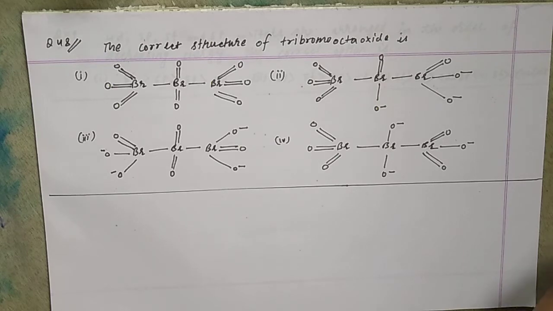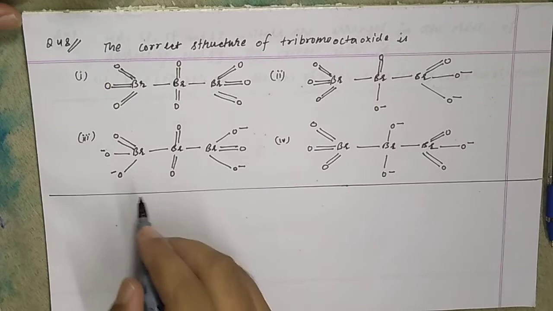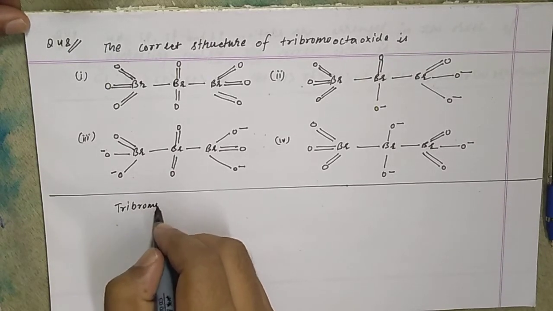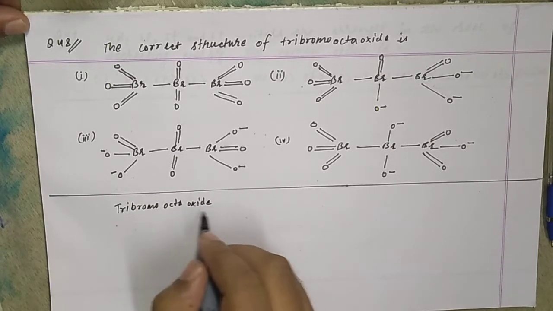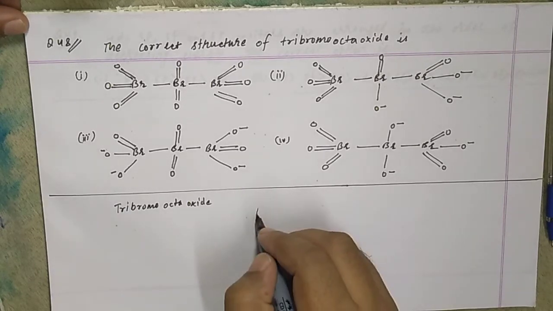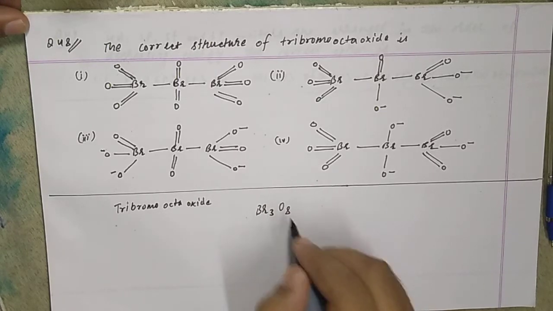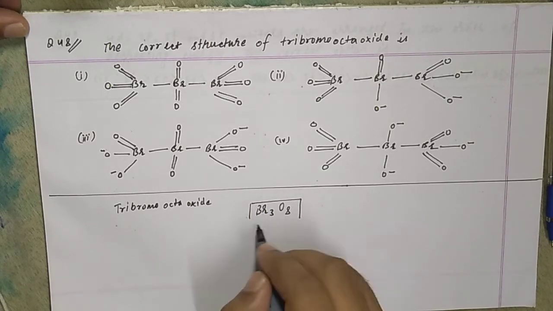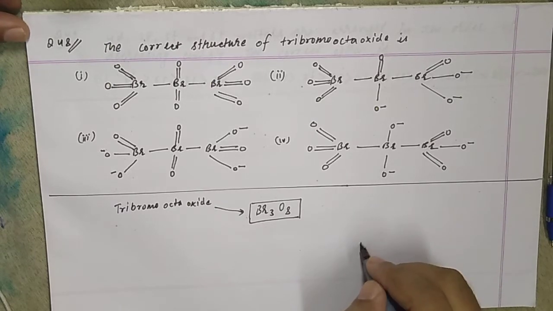Question number 48. The correct structure of tribromo octaoxide. Here oxide is not important, octaoxide means the number of oxygens is 8, and tribromo means Br3. So Br3O8 is the tribromo octaoxide formula. Now how many bromine atoms are there?